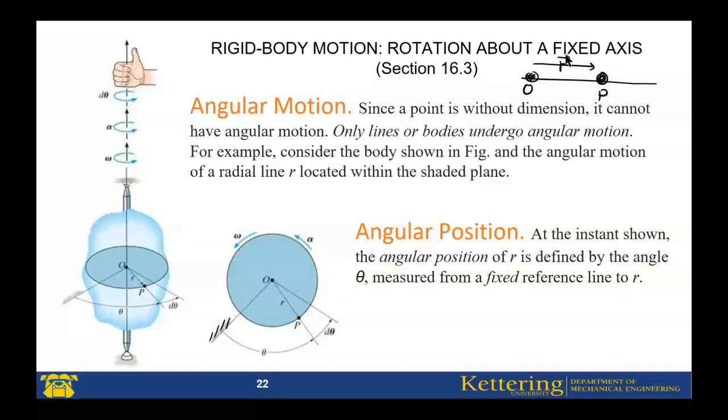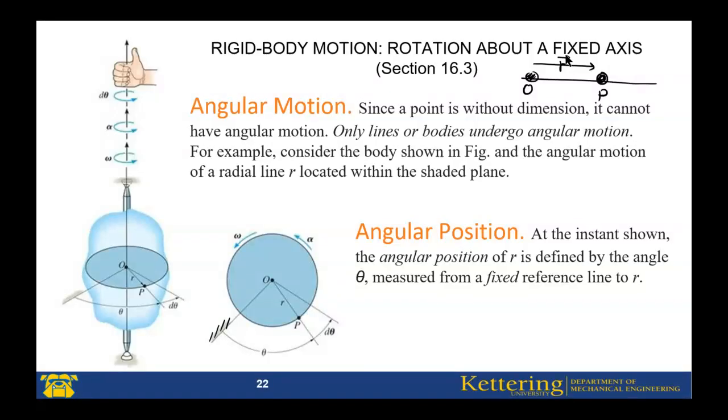Theta is called angular position. For a particle, it's called position; this is angular position, for the rotating body. Theta is an angle. For example, here it is pi over 3.